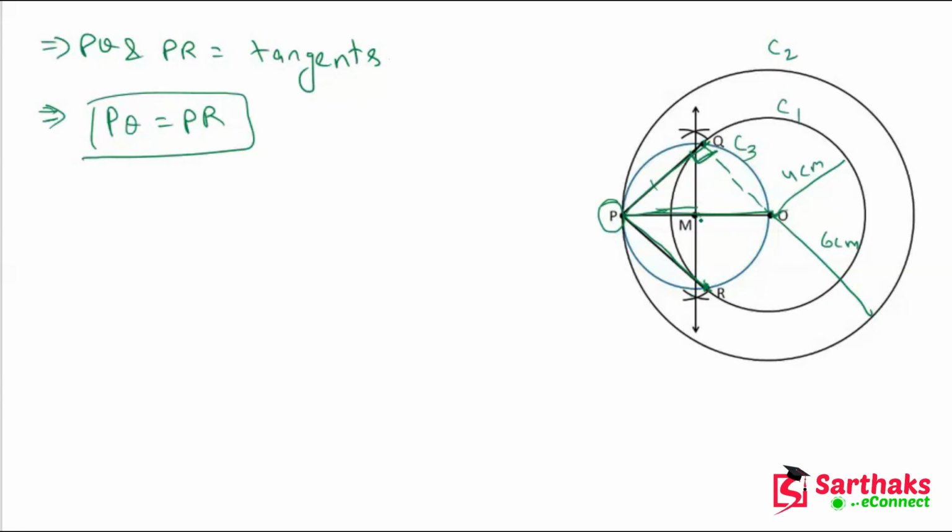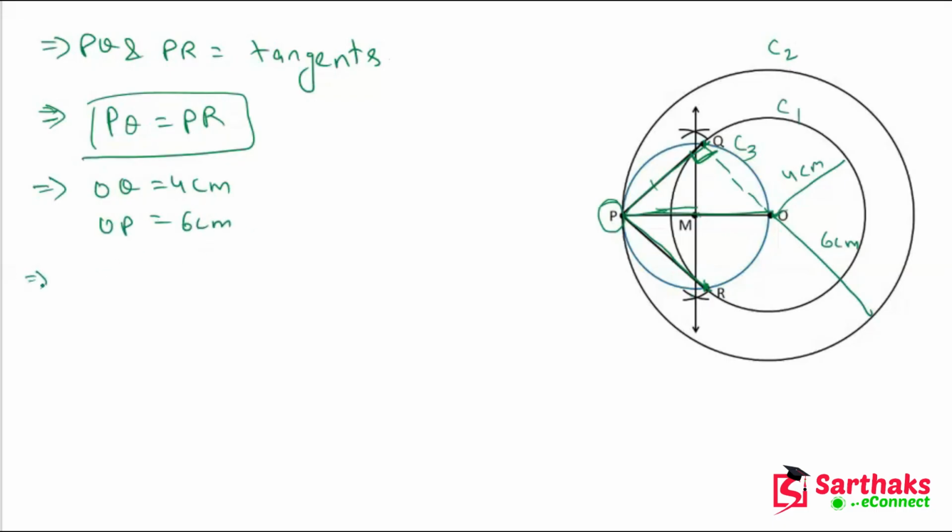This is a perpendicular line, and OQ is the radius of C1, and OP is the radius of C2. So OQ is equal to 4 cm and OP is equal to 6 cm.